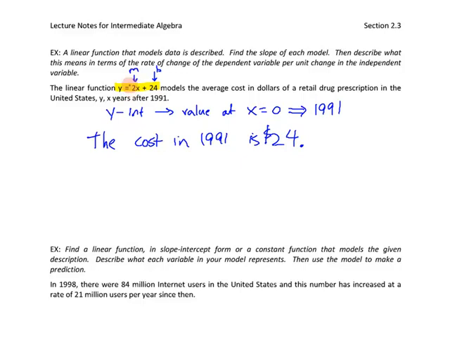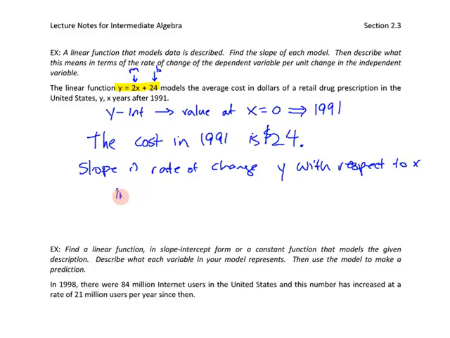Now what does the 2 tell us? The 2 is the rate of change. Slope is rate of change of y with respect to x, meaning that we are going to raise the cost, the y value, $2 for every year that goes by.